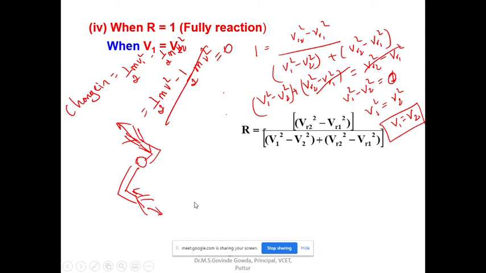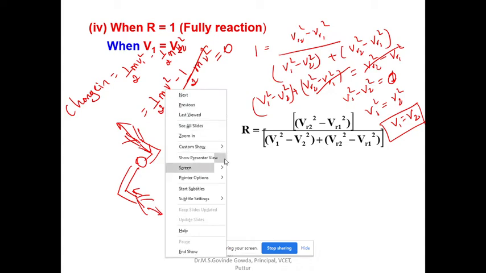There should be change only in pressure energy, no change in kinetic energy. So that is a little difficult, or we can say it is not efficient. The turbine, though we can create it, will not be efficient because it only rotates with the help of pressure energy. Are you understanding this? So this is the fully reaction case.